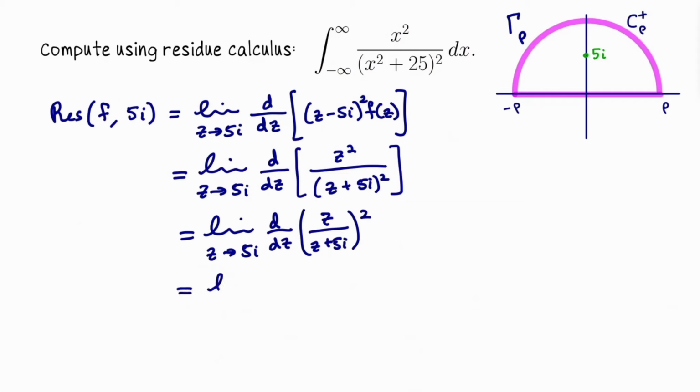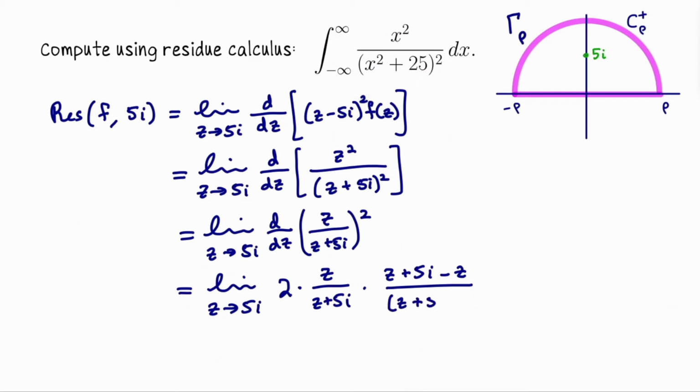So that will be the limit as z approaches 5i. Using the chain rule, we're going to have 2 times z over z plus 5i to the first power, times, with the quotient rule, low d high, so that's going to be z plus 5i, minus high d low, so that's going to be minus z, all over low low. All right, z's cancel out. Now let's go ahead and take this limit.